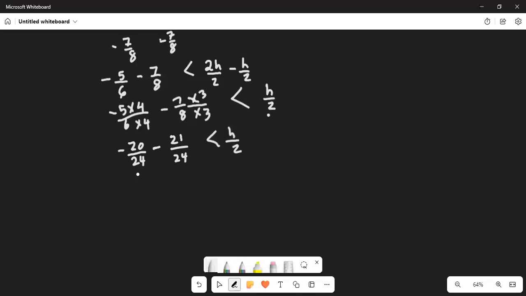Now the common denominator is 24, so I can add the numerators. I'm adding the numerators because both of them have a negative sign. I will retain the negative sign, but 20 plus 21 is 41, and the denominator is 24, less than h over 2.